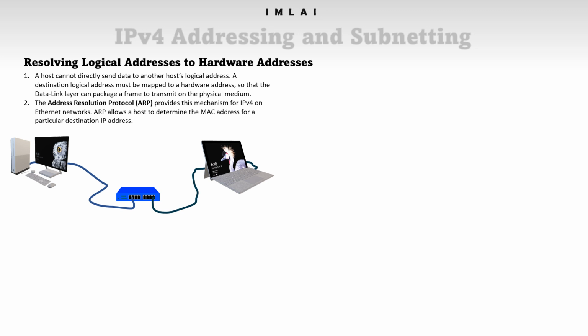This demonstrates the steps required for host A to communicate with host B if they are in the same network. First, let's begin with host A. Host A is our machine on the left side, and host A will determine if the destination IP address of 10.1.1.6 is itself.